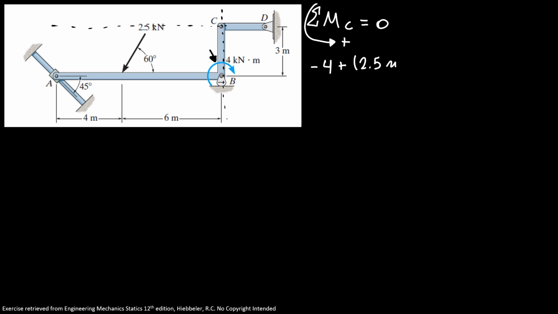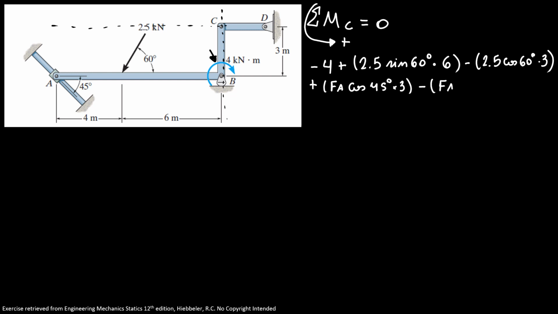Here I have plus 2.5 sine of 60 degrees times the length, that's 6 meters, minus 2.5 cosine of 60 times 3, plus FA cosine of 45 degrees times 3, and minus FA sine of 45 degrees times 10 is equal to 0.